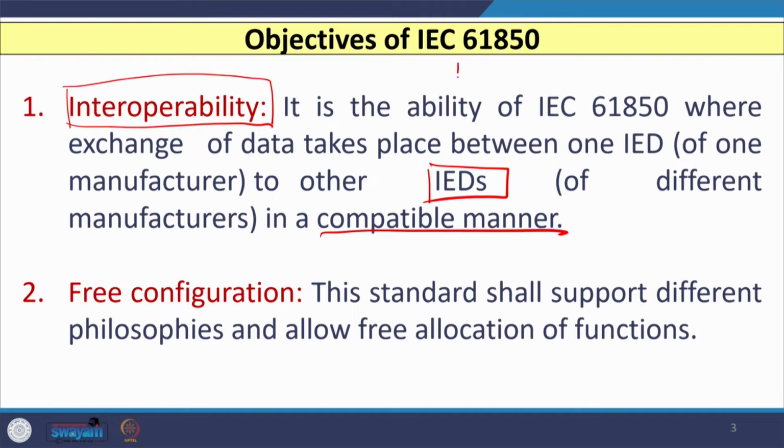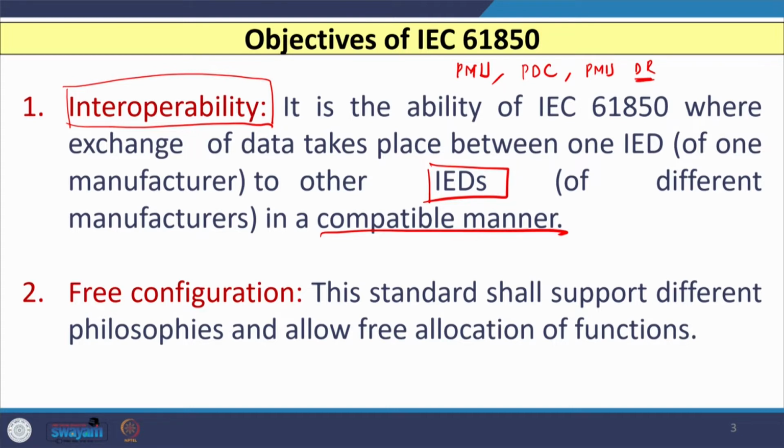This can be a PMU, that is a phasor measurement unit or device, a PDC, phasor data concentrator, or PMU enabled relays. PMU enabled digital or numerical relays are also there, and these are also treated as intelligent electronic devices. Interoperability is the main objective of IEC 61850.